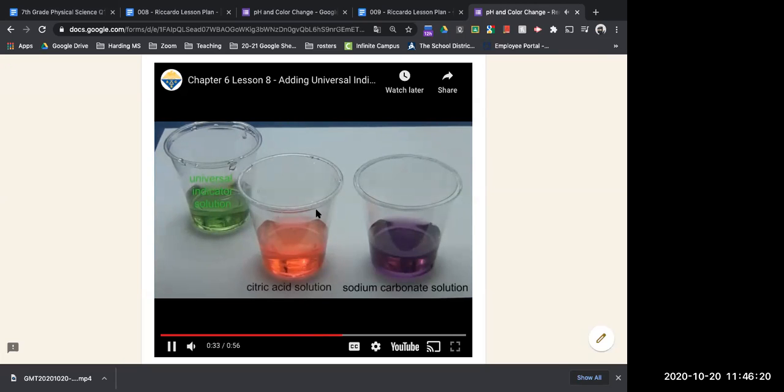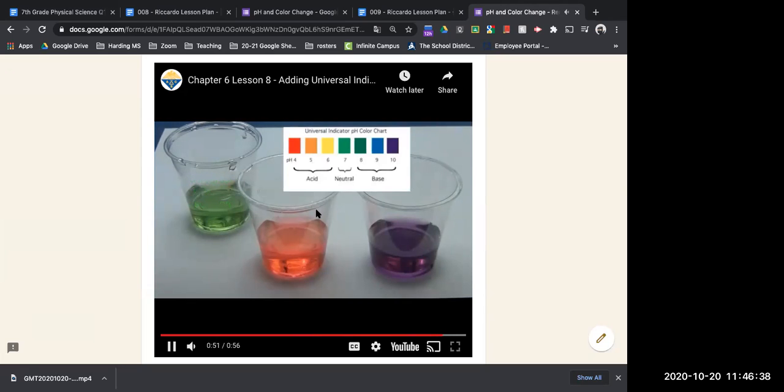Universal indicator has its own color chart, which can tell you whether a substance is an acid or a base, and how acidic or basic the substance is. In this lesson, you'll use an acid, a base, and universal indicator solution to learn about how acids and bases affect water, and you will learn to measure the effects with the colors and numbers on the pH scale.